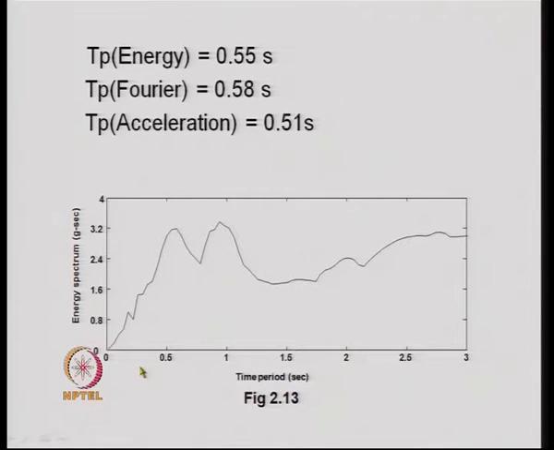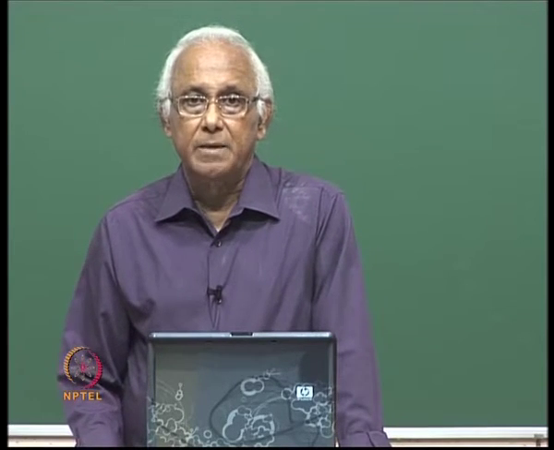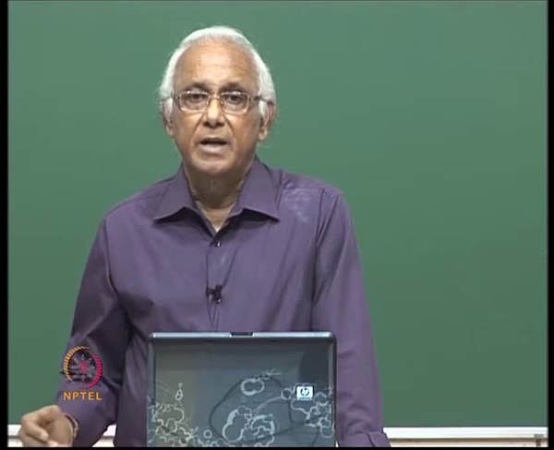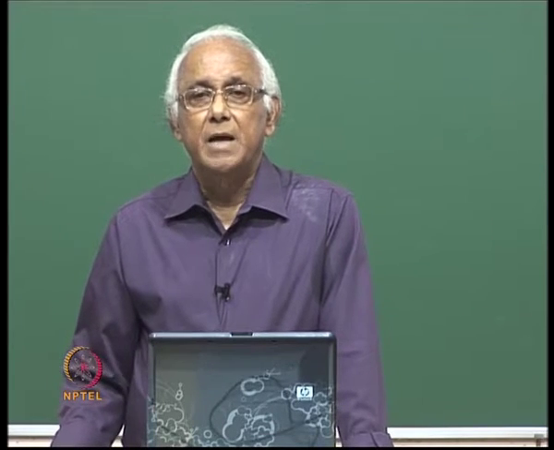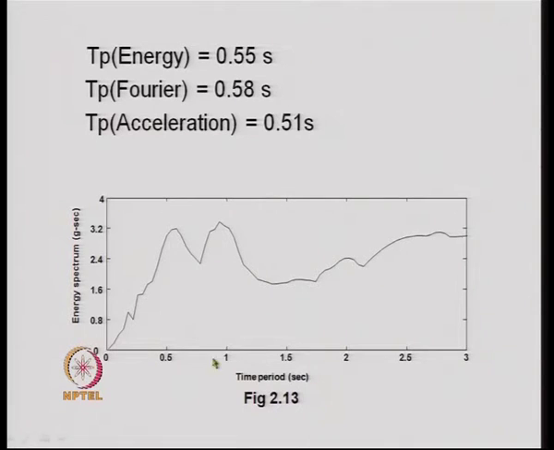That means we change the oscillator time period every time we calculate the maximum value of the energy, and that is how, by varying the time period of the oscillator, we can obtain different values of the maximum energy, and plot them for a particular damping ratio.